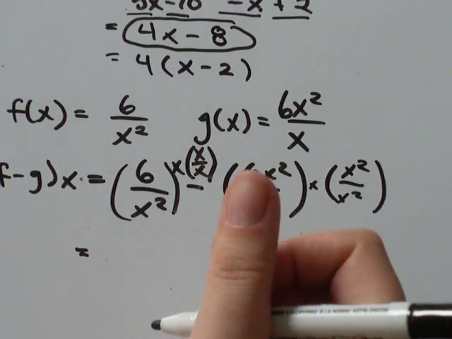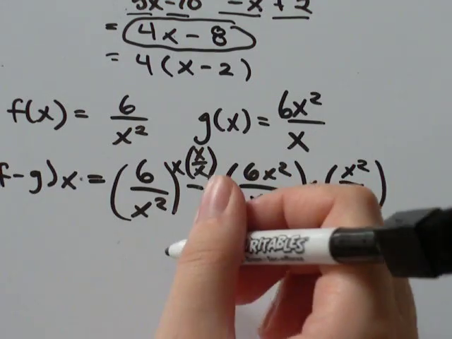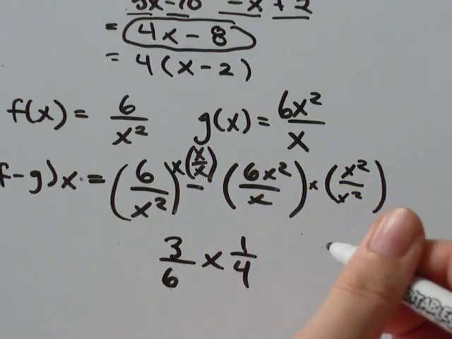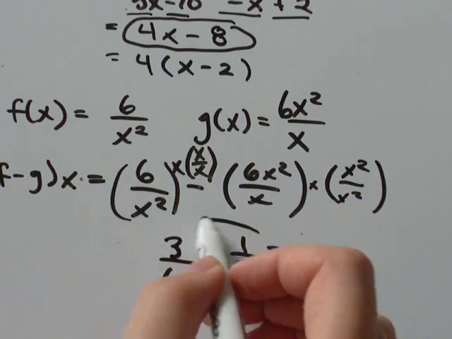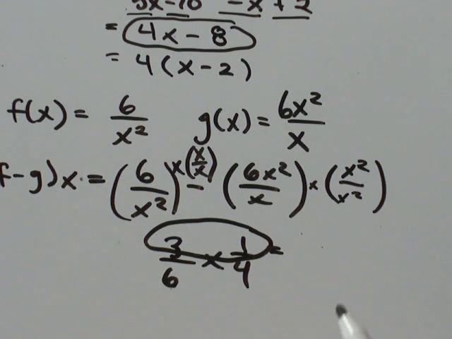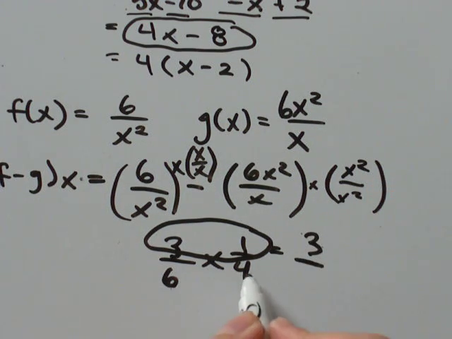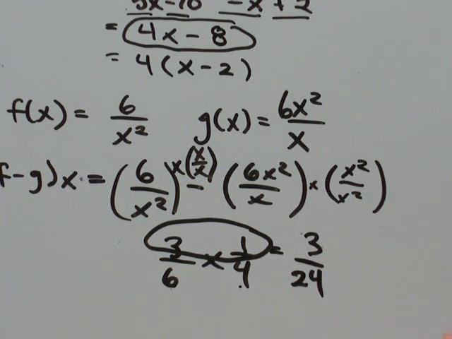I should also mention multiplying fractions might be worth mentioning as well. If I've got 3 over 6 times a quarter, not any different than what we're doing up here. All you do, you take the stuff on the top, 3 times 1, that's just 3. Take the stuff on the bottom, 6 times 4, that's 24, and you'd have 3 over 24.